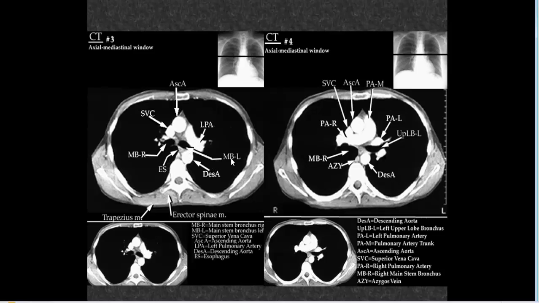At this level, we see the pulmonary artery dividing into the right pulmonary artery and right main lobar pulmonary artery. Here we see the left pulmonary artery and left main lobar pulmonary artery, and below it the positions and segmentations of the pulmonary artery.